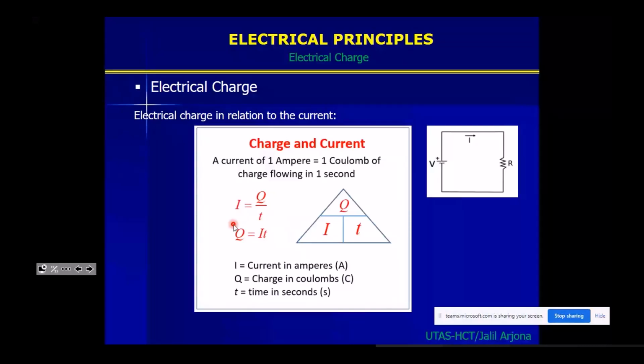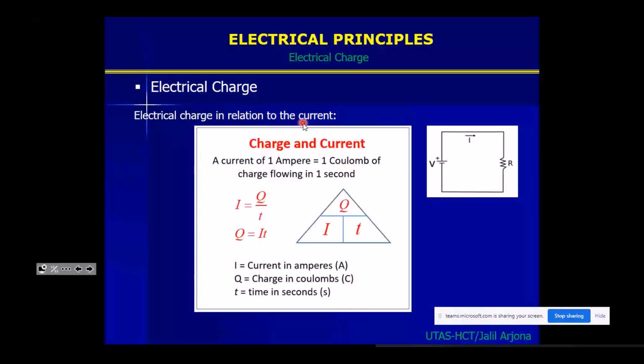So therefore, 1 ampere is equal to 1 coulomb charge over 1 second. This is the relationship of current to the charge. To find the Q, I simply cross multiply. So we can get the charge when you know the current with respect to time.